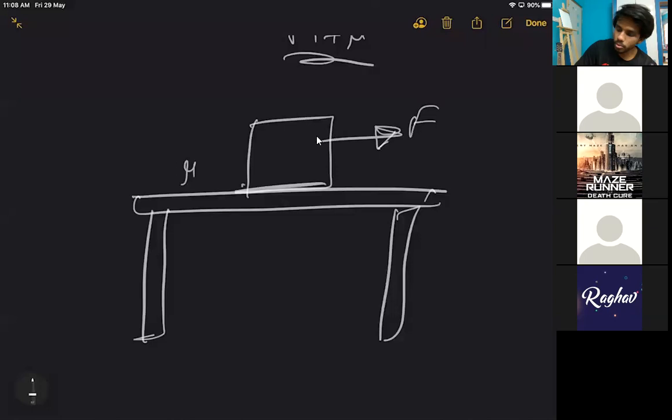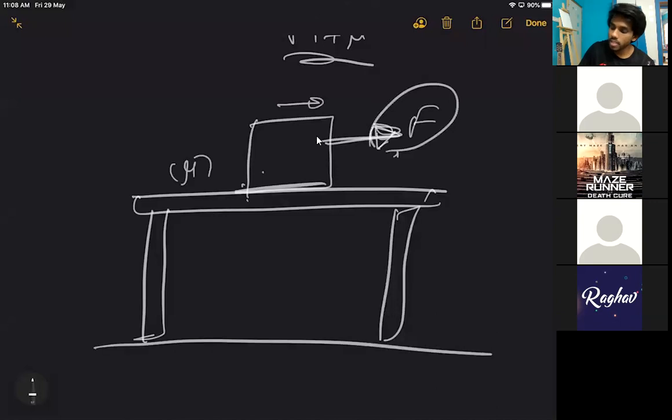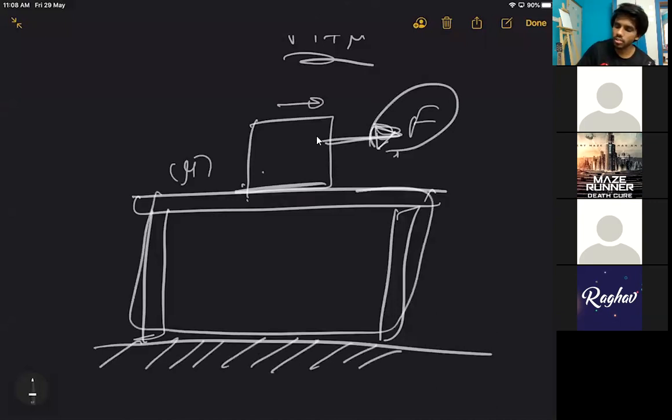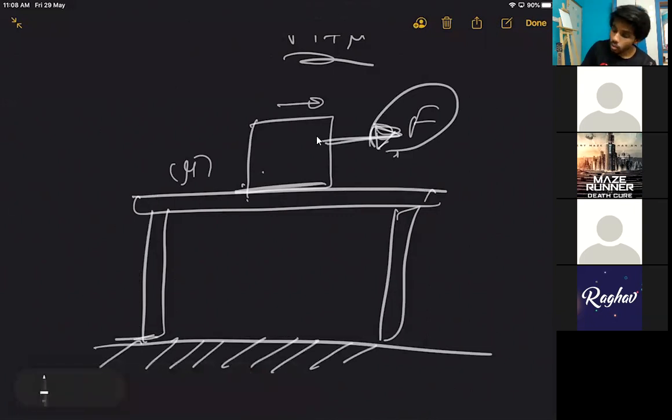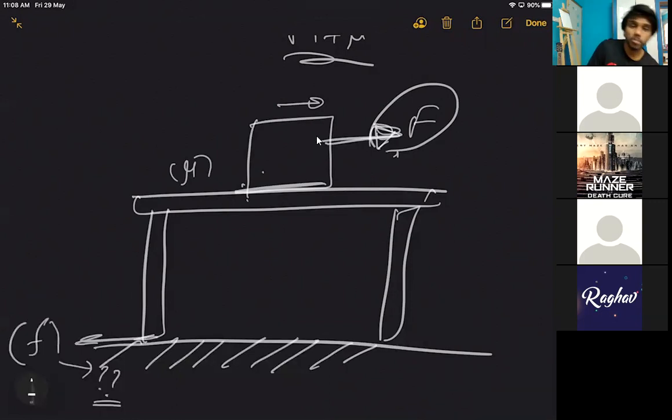And there is some mu in between the block and the table. Now, when someone's dragging it, it is definitely moving. The block is definitely going forward. But the table is not moving. The table is at rest. Just consider the table as another block, that's all. You don't have to think in a different form. He is asking, what is the amount of friction here? Can you people tell me what is the amount of friction there?